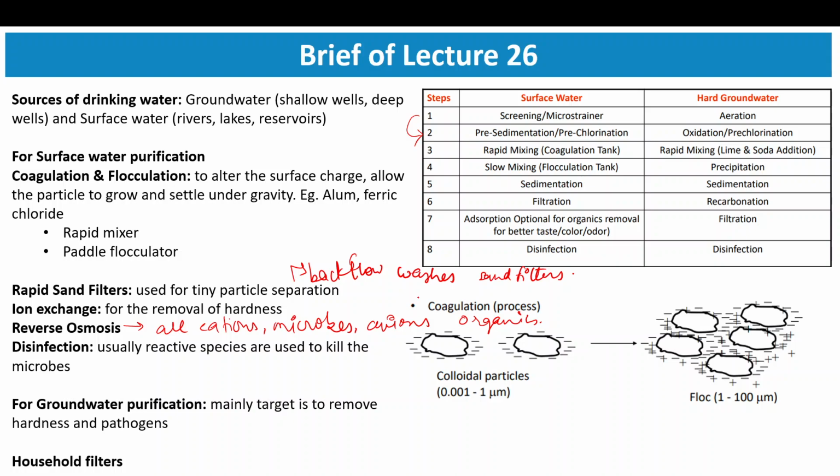Next, if we talk about disinfection, microbes are present in water, and here we need to disinfect it by various methods. These methods include UV treatment, ozonation, chlorination.